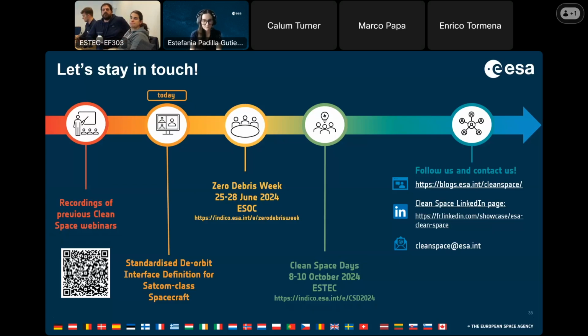And another very important event will be held here in ESTEC beginning October, talking about the Clean Space Days. You can find all the useful information in the link in this slide, and you can find the contact page here on the right.